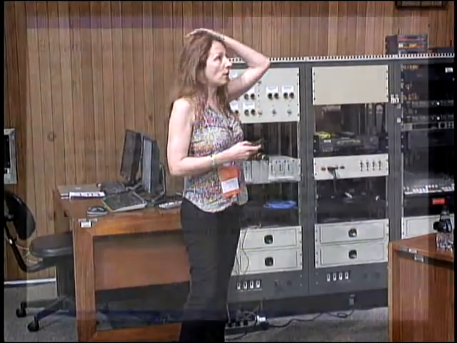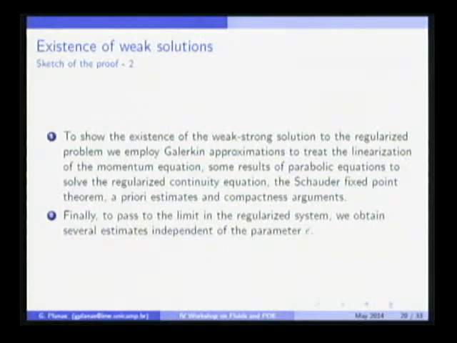We use some results on parabolic equations to solve the regularized continuity equation, then fixed points, a priori estimates, and compactness arguments. But in fact, we have one regularized problem and one approximated problem. Finally, to pass to the limit, we pass to the limit in the approximated problem, and we pass to the limit in the regularized problem.